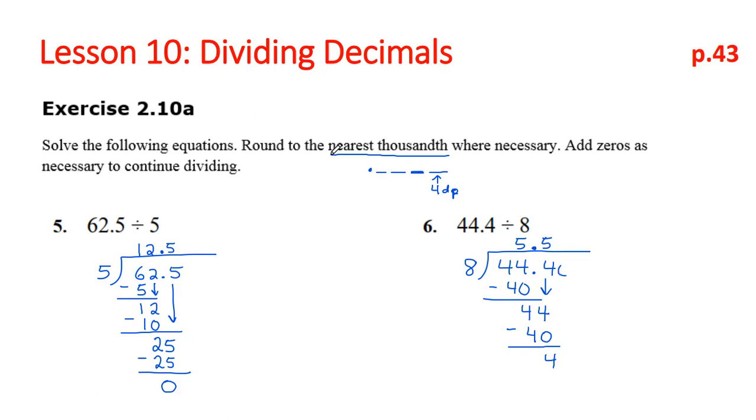So I'm going to add a 0 now and bring that down and repeat the process. 8 goes into 40 5 times. 5 times 8 is 40. I subtract, and now I have a 0 remainder, so my decimal has terminated. 44.4 divided by 8 is equal to 5.55.